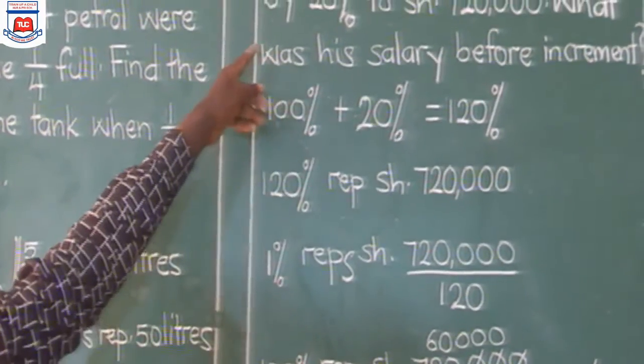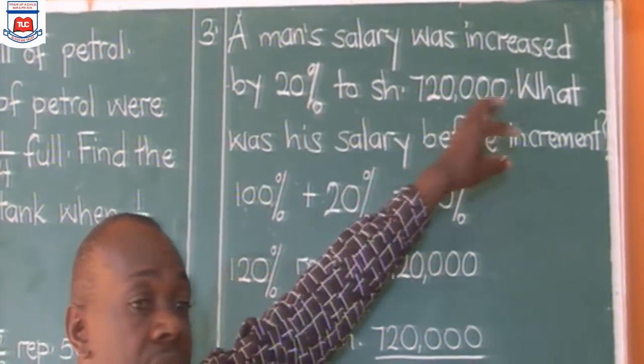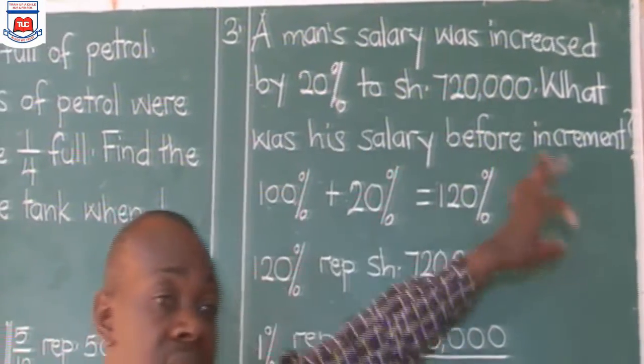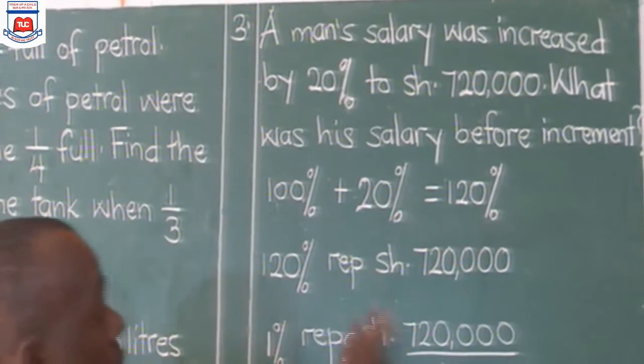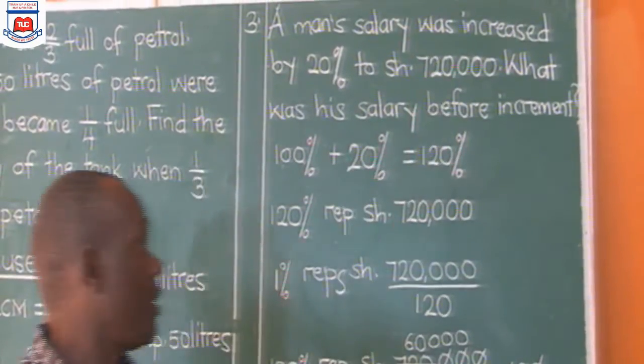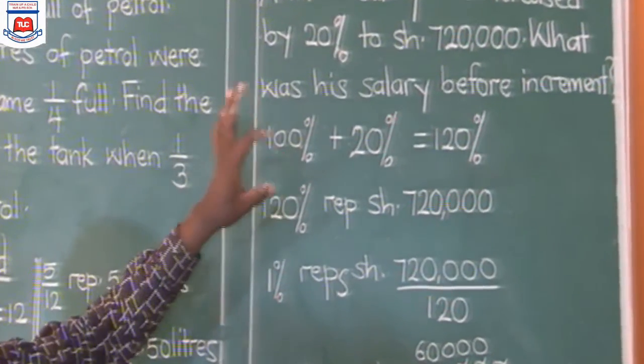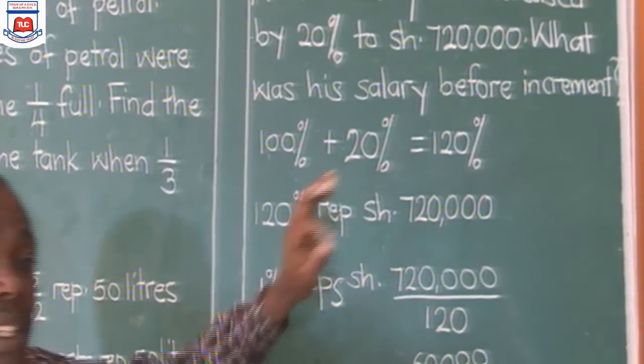And you have learned from the question that the man's salary was increased by 20% to 720,000 shillings. So these two reflect each other. That's why we say the after-increase values in terms of percentage and money are equal.